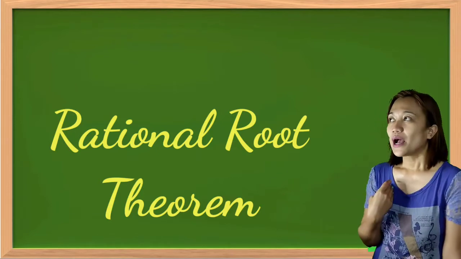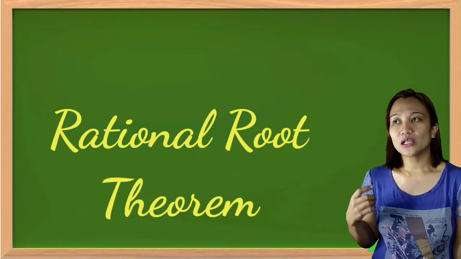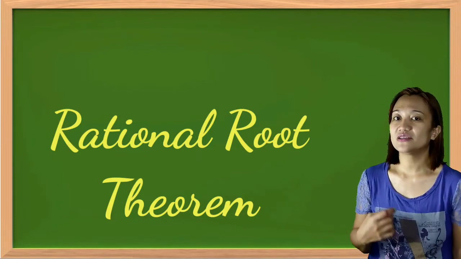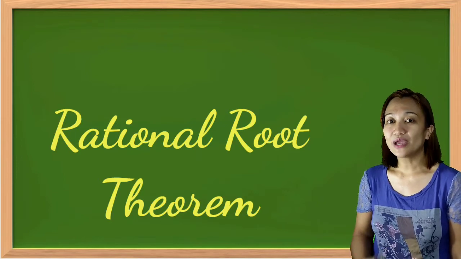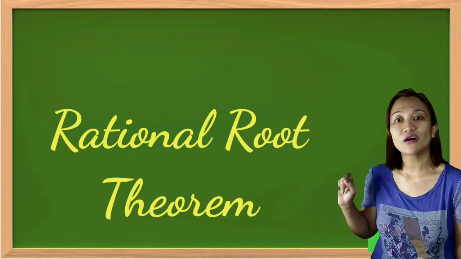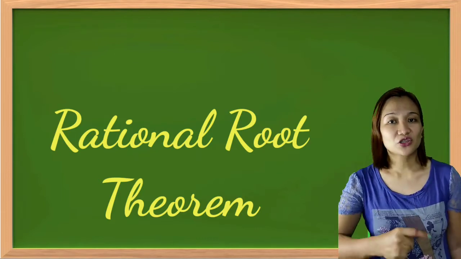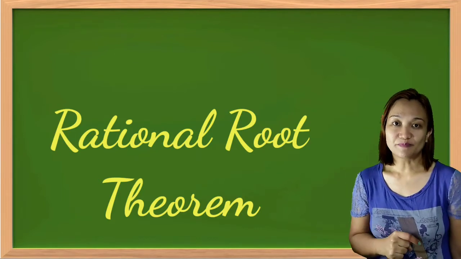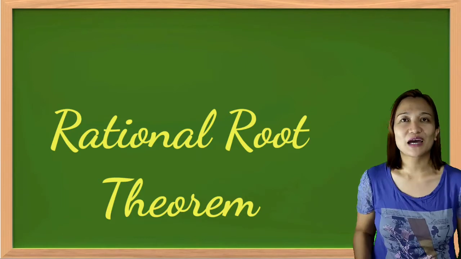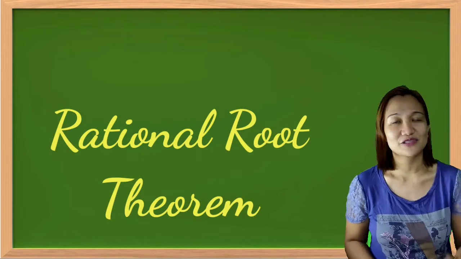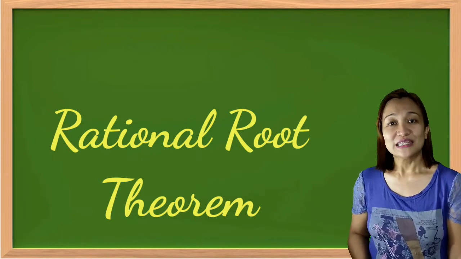Okay? So, the possible factors or the possible roots of a given polynomial is just the ratio of the factors of the constant term to the factors of the leading term. So, we can list down kasi para makita natin kung ano ba yung value ng C natin. What are these values of C to make the remainder 0?